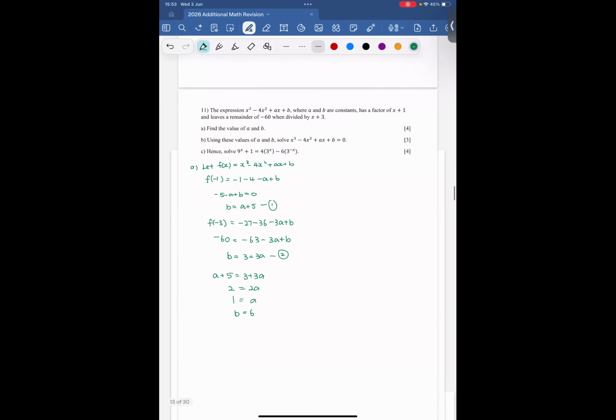So x^3 - 4x^2 + x + 6 equals 0. So I know that x + 1 is a factor already, so I do my long division.